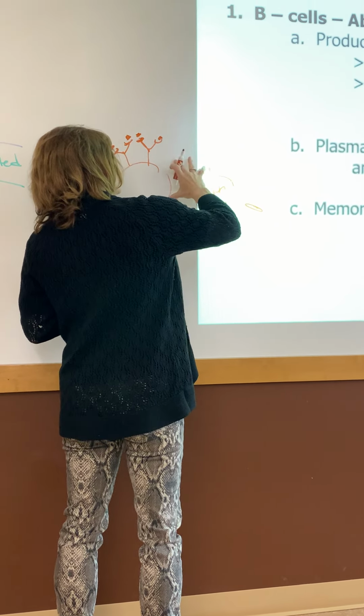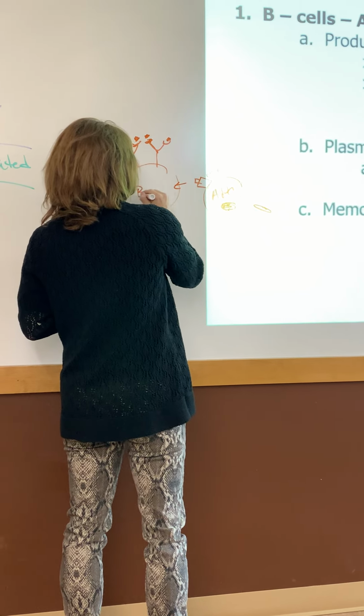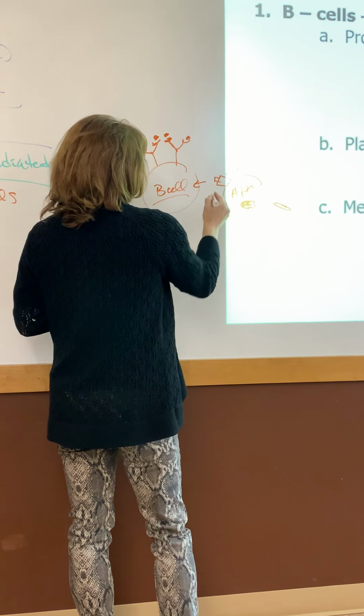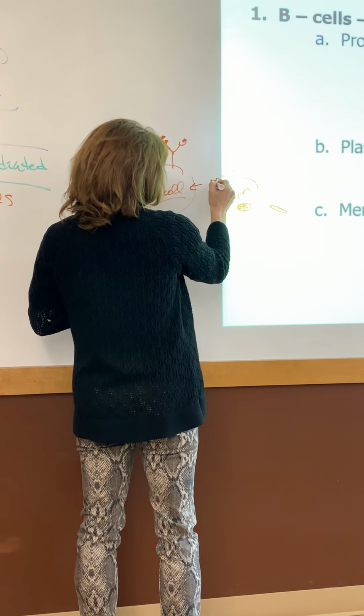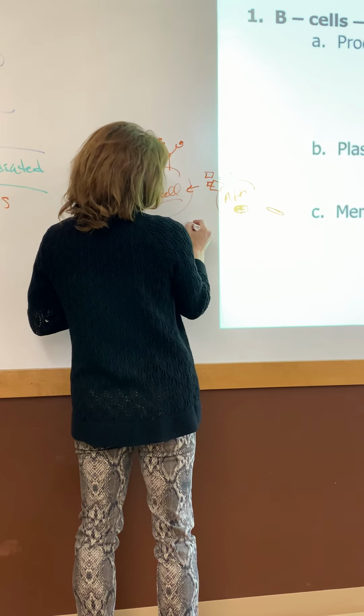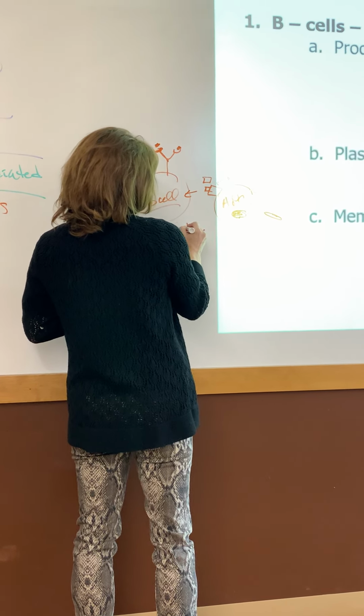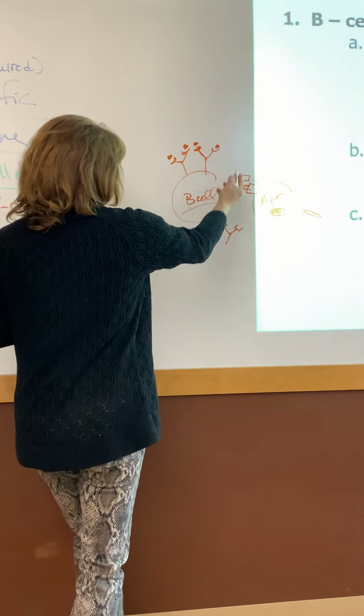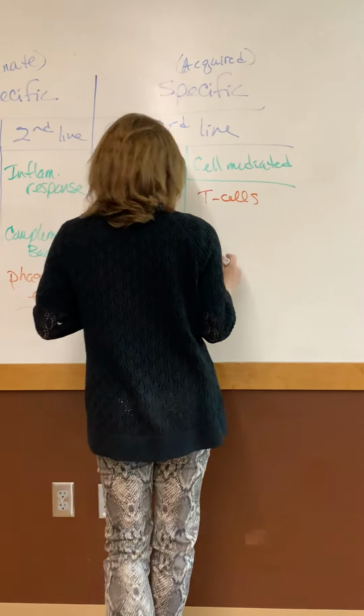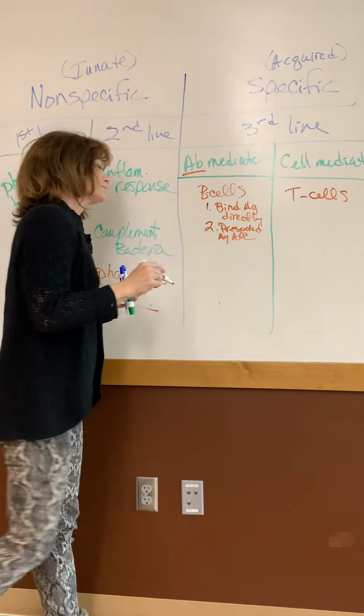Then that antigen presenting cell can show it to the B cell, and the B cell says, now I see this antigen, I need to make a whole bunch of antibodies that will recognize it and send them out into the bloodstream so they can target it for destruction.